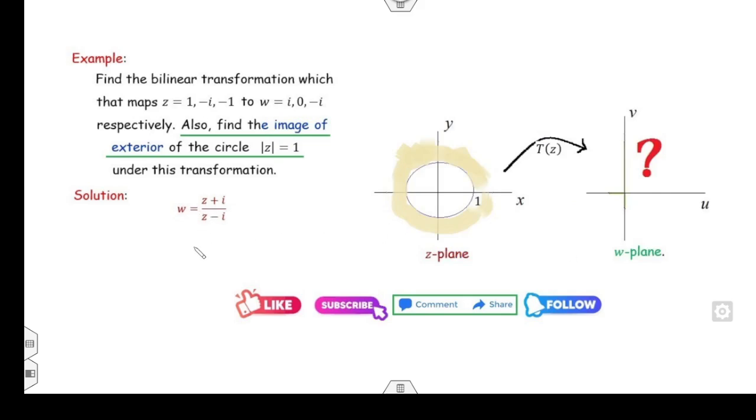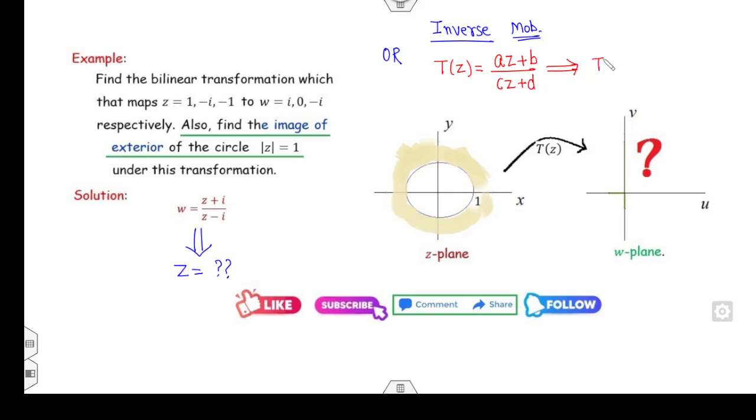So first of all, your target is to find the value of z. How can you find the value of z? There are two ways. Firstly, you can cross multiply and find the value of z, or we can use the concept of the inverse of Mobius transformations. Because we all know if you have the transformation az plus b divided by cz plus d, then we can find the inverse T inverse, which is defined as minus d, b, minus c, a.